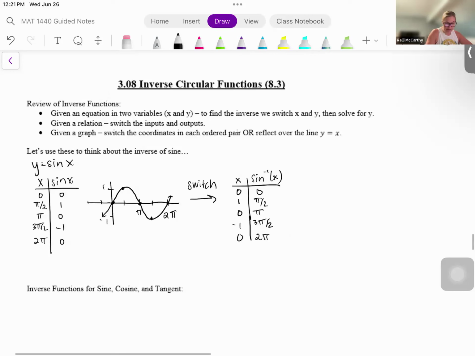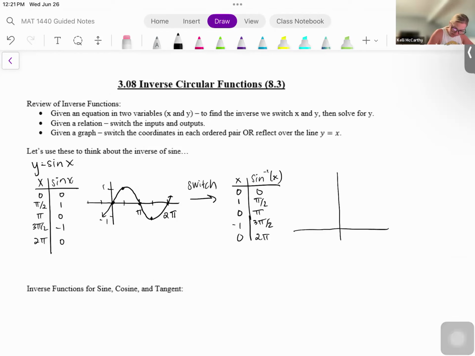So if we were to graph these points, now our x coordinates basically go from -1, 0 to 1. And our outputs go from 0 to 2 pi. So we have 0, 0 as a point. Then we have 1 and pi over 2.